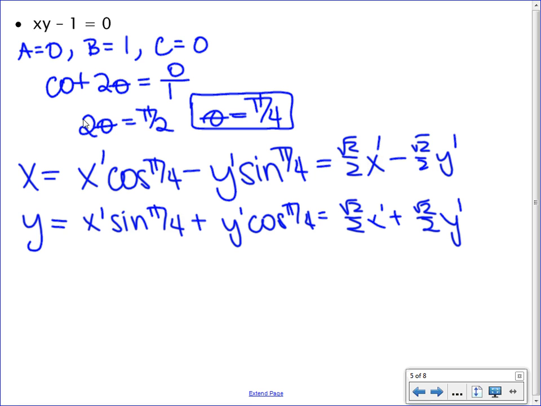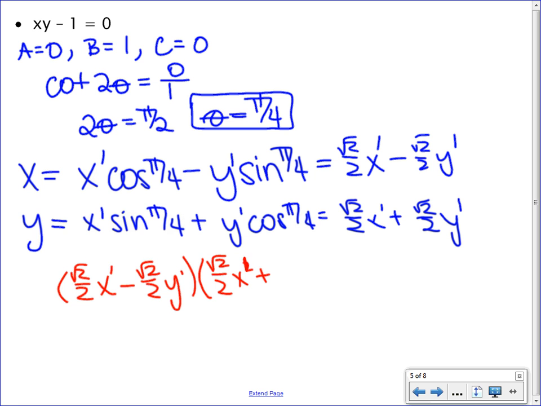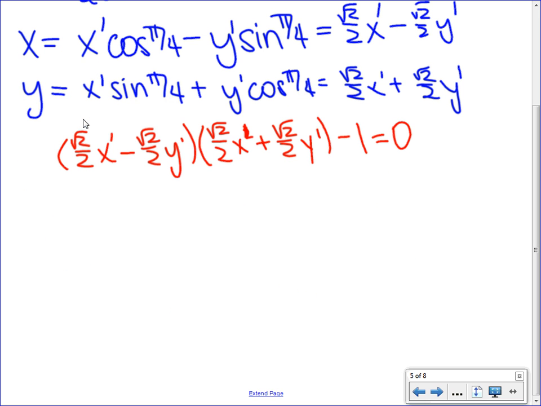So we have x times y minus 1 equals 0. What special pattern do we have here?